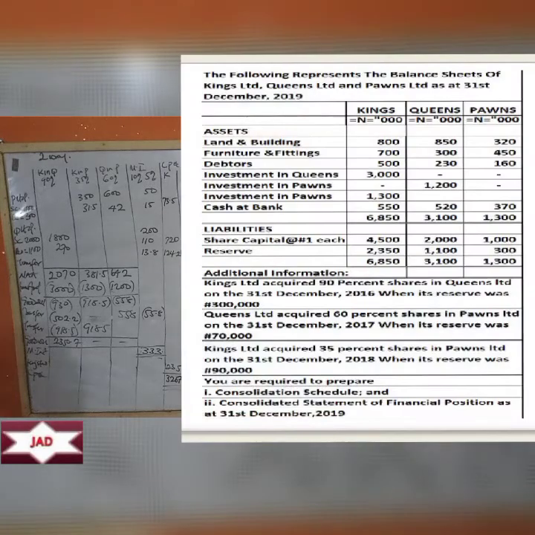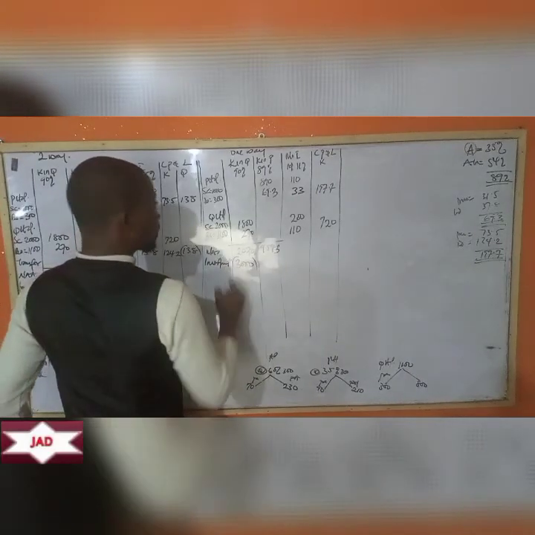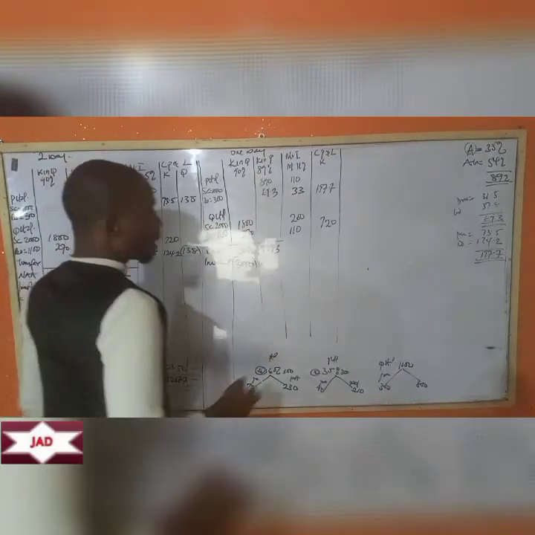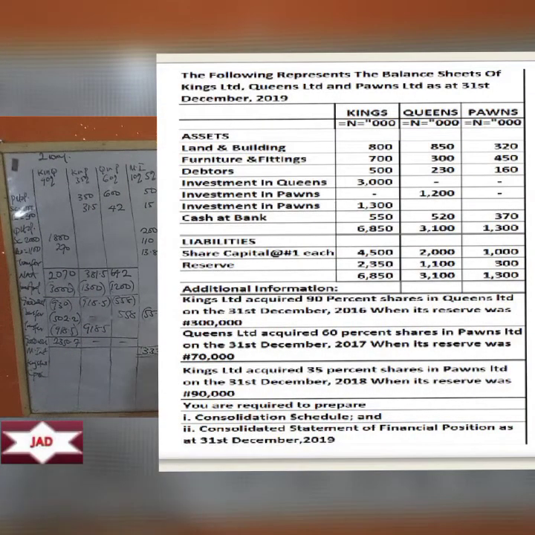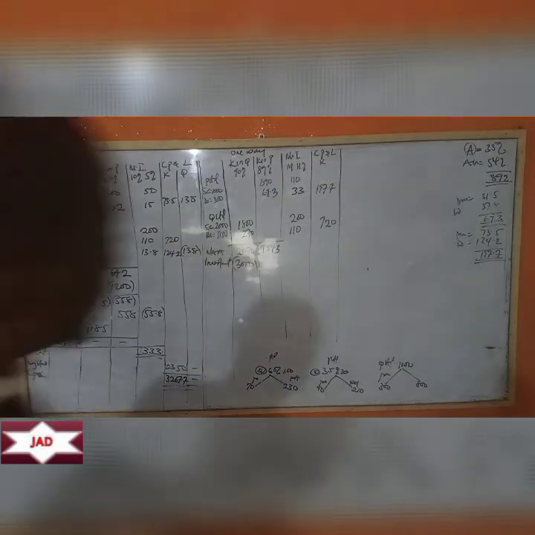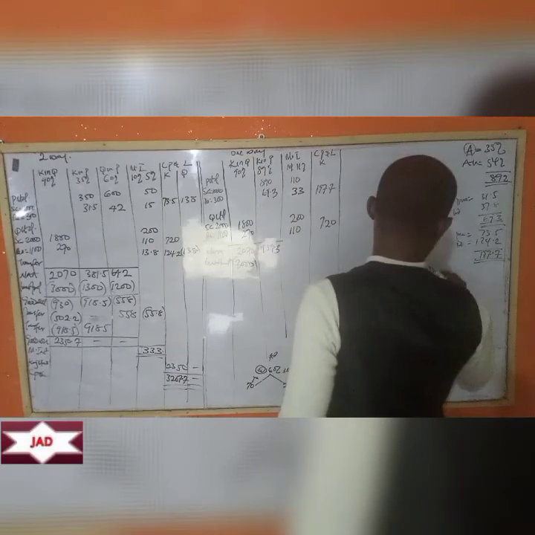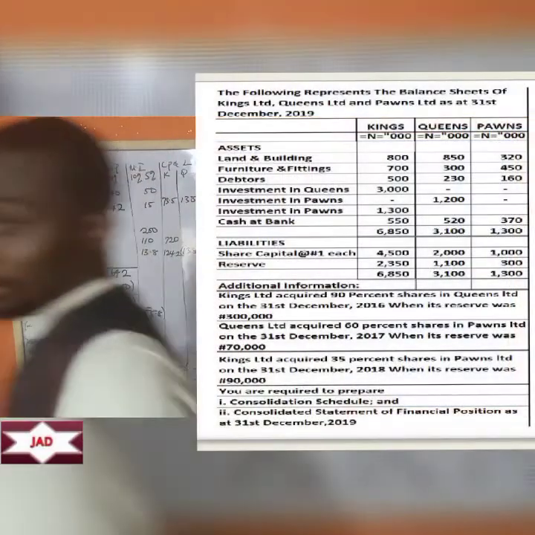It's 3,000. You have 3,000. Now, what's K in P? Remember, there is an investment of Q in P. Investment now, Q in P is how much?